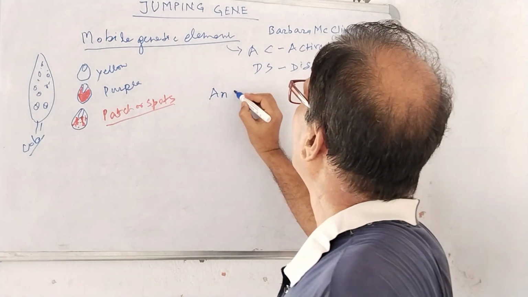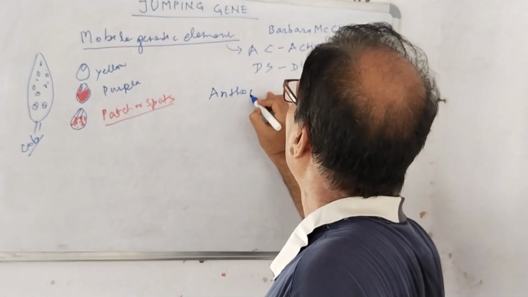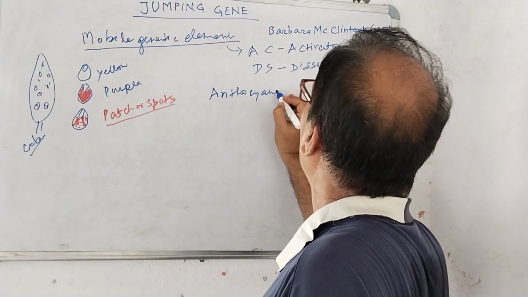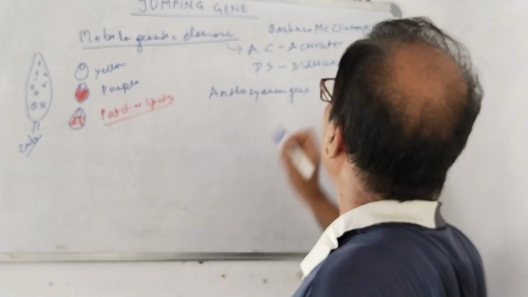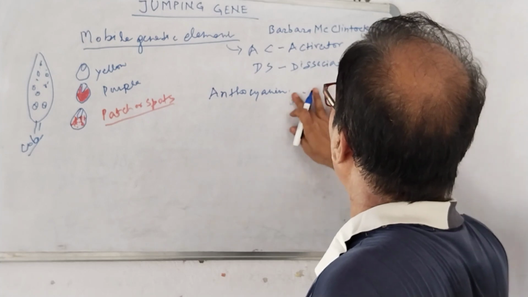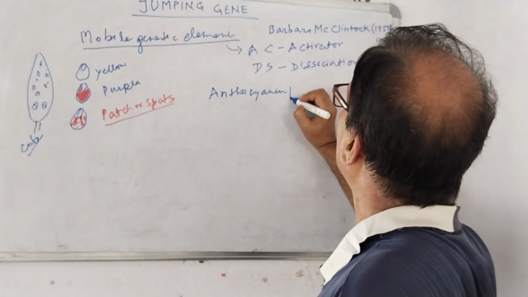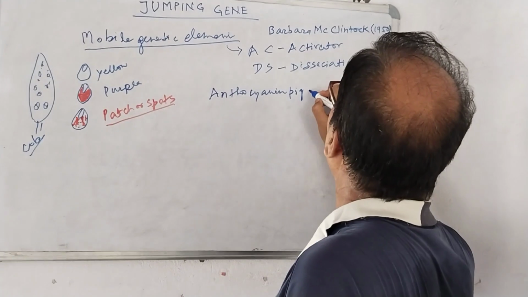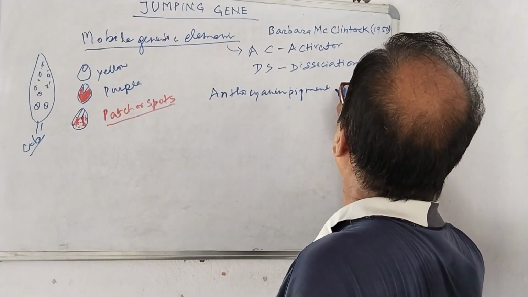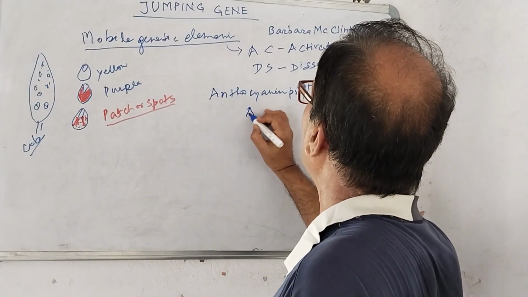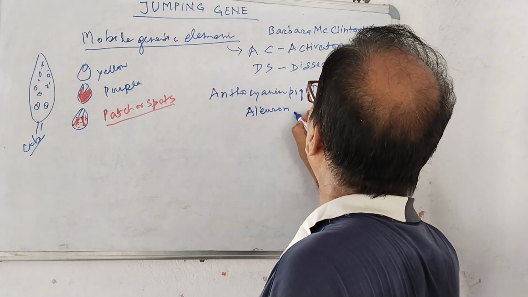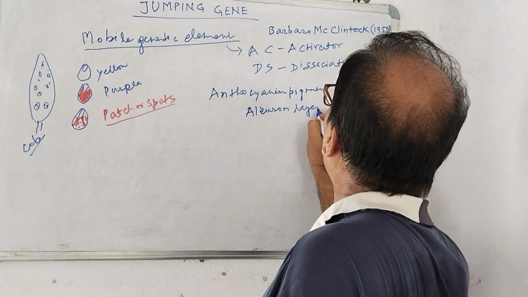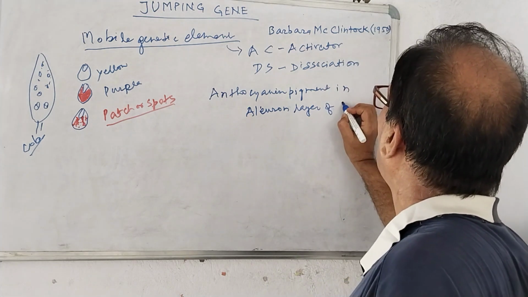Anthocyanin pigment in the aleurone layer of the corn seed.